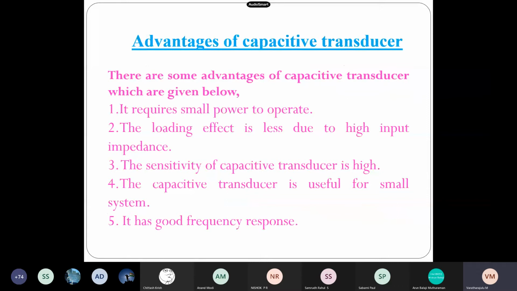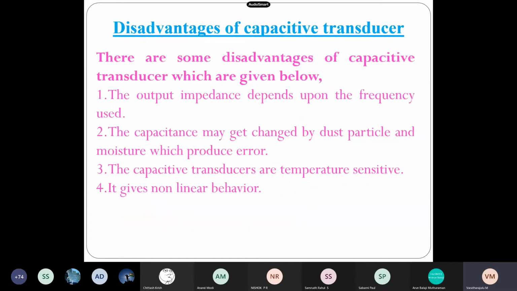It has some advantages: it requires small power to operate, and the loading effect is less due to high input impedance. The sensitivity of capacitive transducers is high. The capacitive transducer is useful for small systems, and it has very good frequency response.